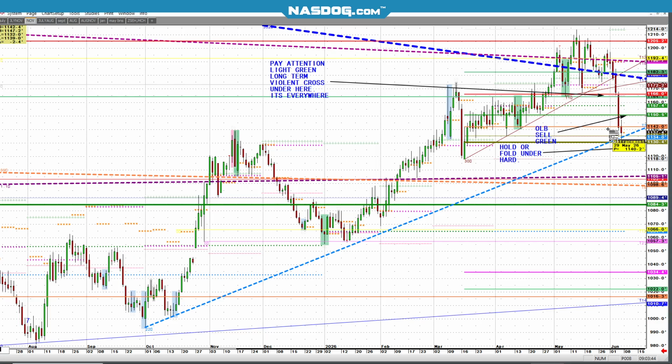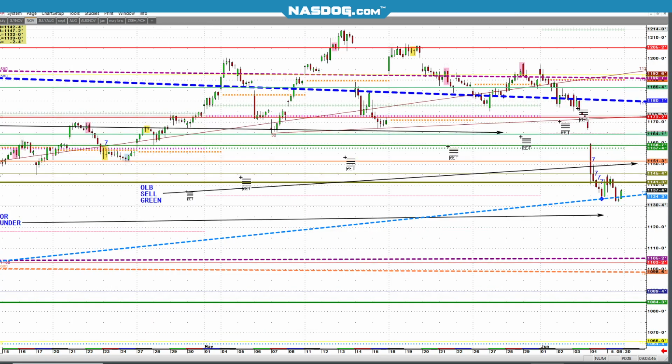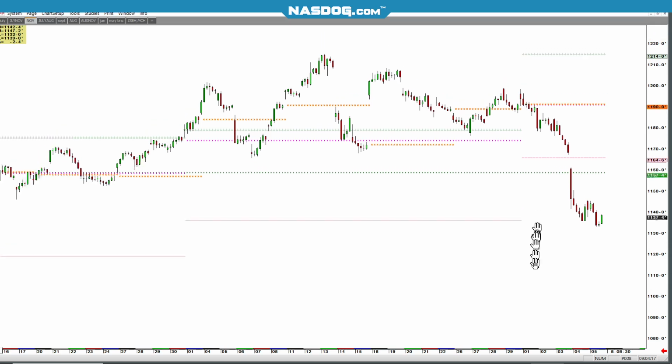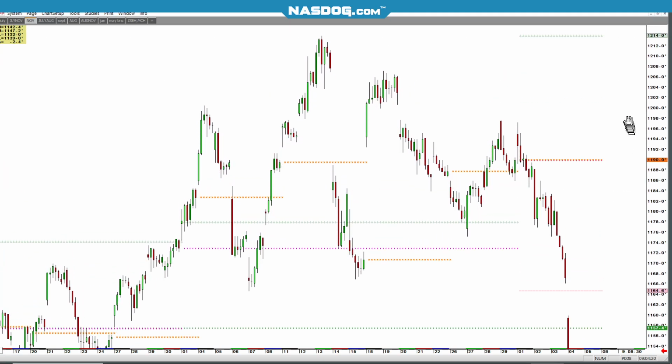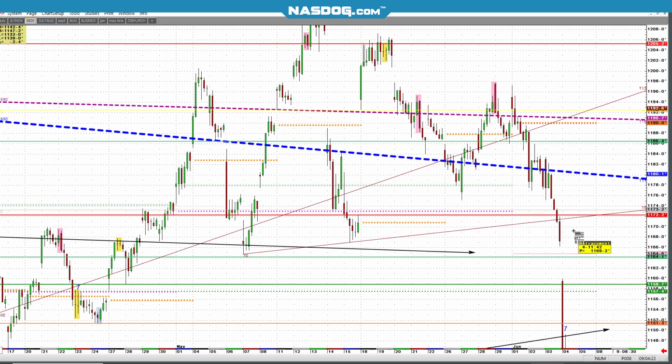Let's go back. This is an intraday. Okay, it's right here. Let's blow this up. So we saw what a trend line breakout to the downside was like. This is on the 2nd here, the day before the 3rd. Here's where we closed, 1177 3/4.